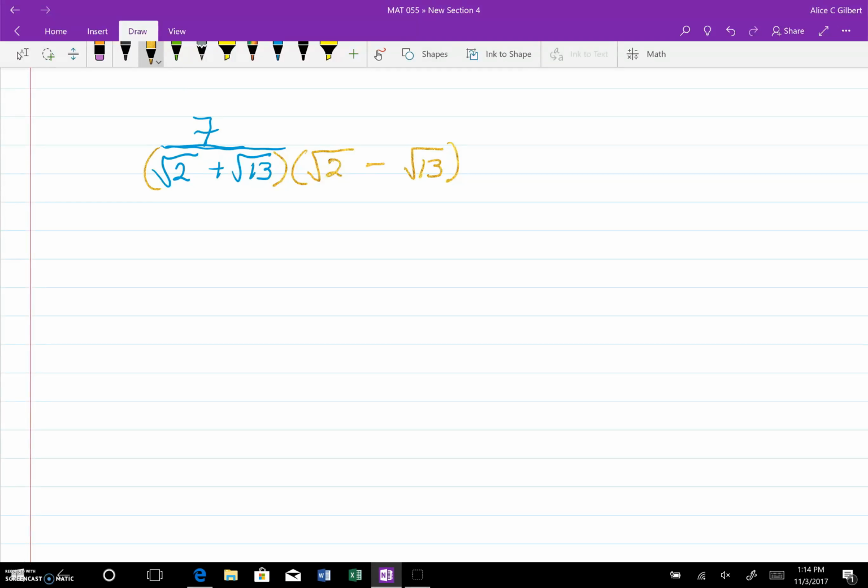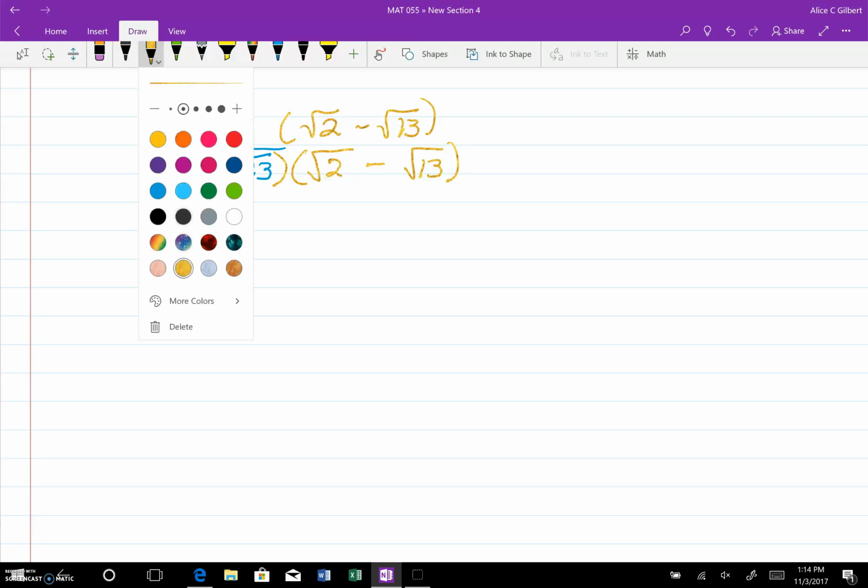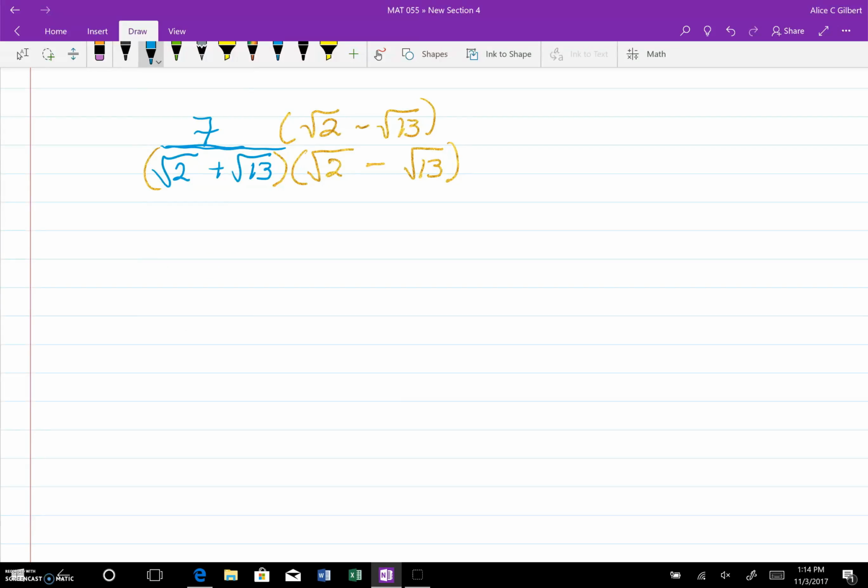So if my original sign was positive, then my new sign has to be negative, vice versa. If the original was negative, then the new one has to be positive. Okay, but if I do that in the denominator, then I have to do that same thing in the numerator, multiply it with that.